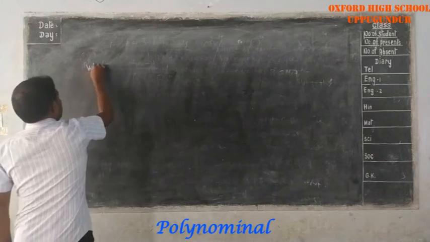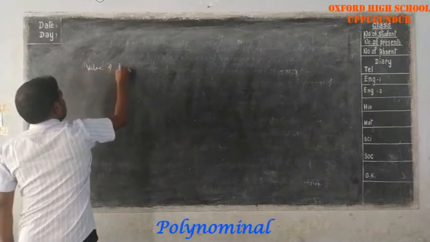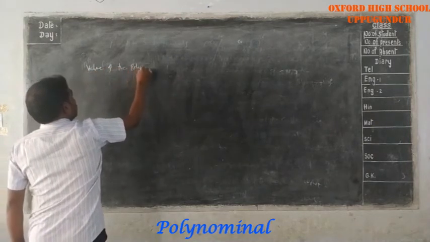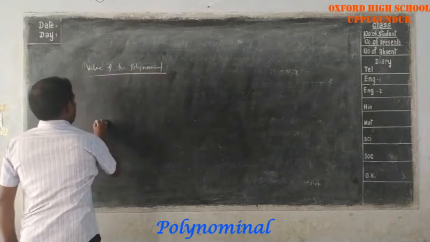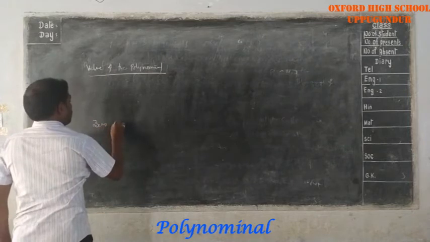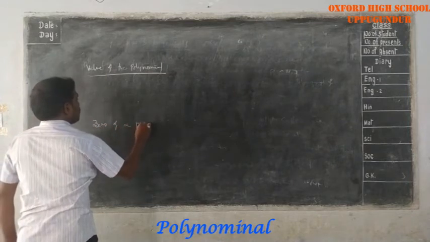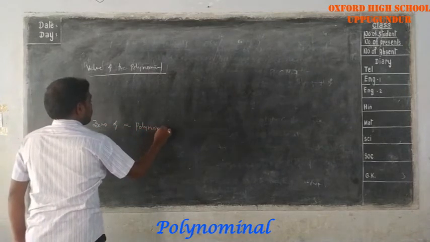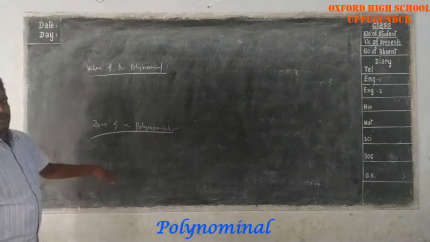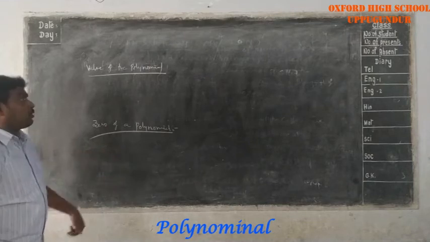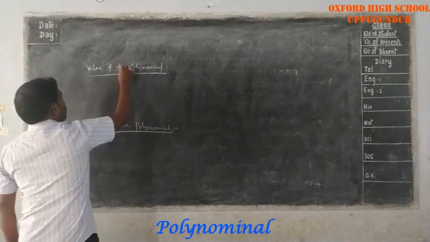Next, value of the polynomial and zero of a polynomial. So just now we discussed 0 polynomial. Here this is 0 of a polynomial, and here also value of a polynomial.